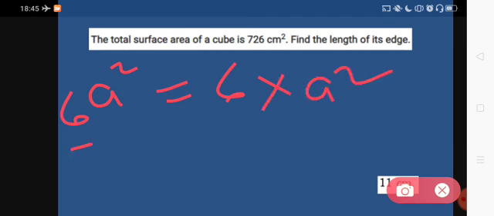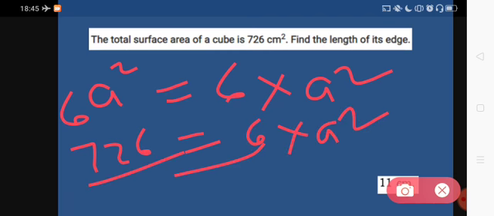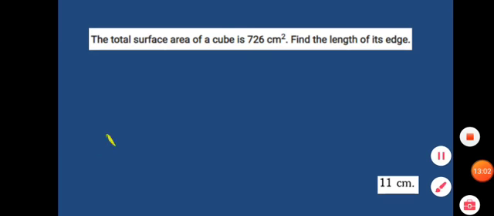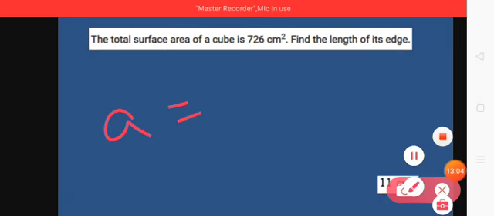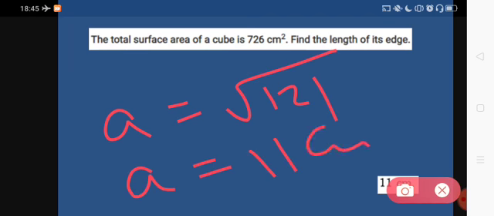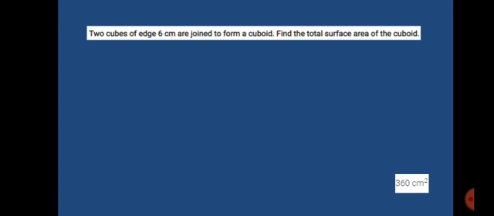On the left side we will put the value of surface area, 726, equal to 6 into a square. This will be upon 6, a square is equal to 121. Then a is equal to under root 121. A is equal to 11 centimeter, right? Now we will look at the next question.